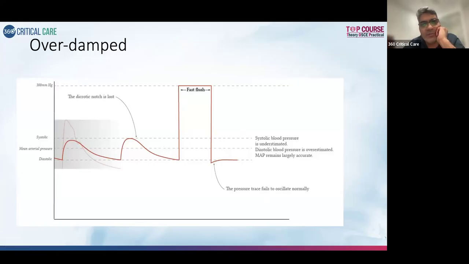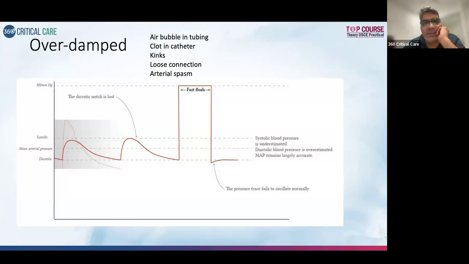Suppose it needs 4, 5, 6 strokes. That means there is too much resonance abnormality in the circuit, the circuit is stiff, and you have a lot of vibration going on till it becomes normal. That means it is underdamped. If it comes to baseline within 1 stroke or less than that, then it is overdamped.